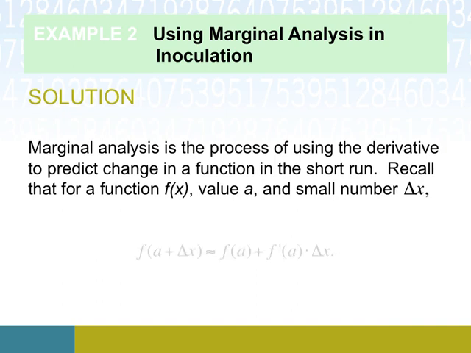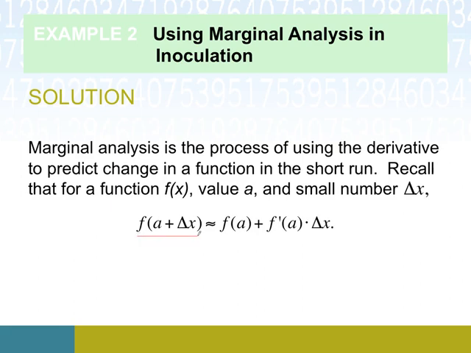Okay, so marginal analysis is using the derivative to predict this change. We have a nice formula for this. Just to remind you of all these pieces, this is a guesstimate for our new output. This is the actual value that we're starting at, and the rest of this equation is an estimate of the change.